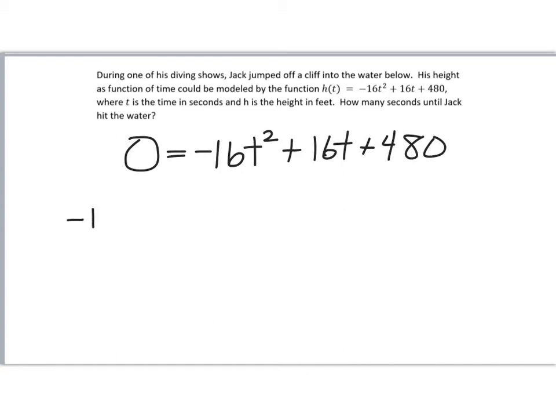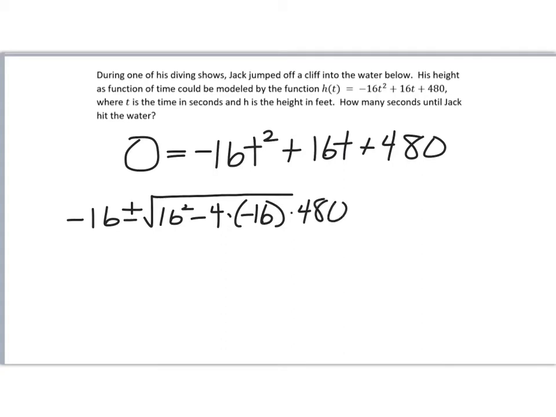So negative 16 plus or minus the square root of 16 squared minus, it's a little squared, 4 times negative 16 times 480, all over 2 times negative 16.